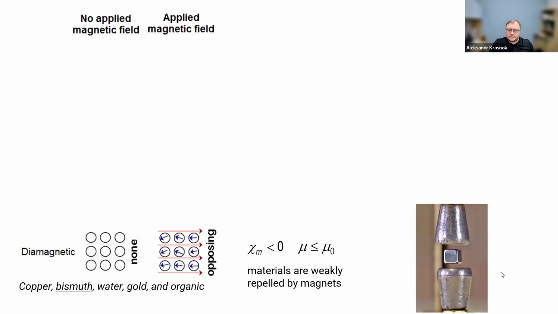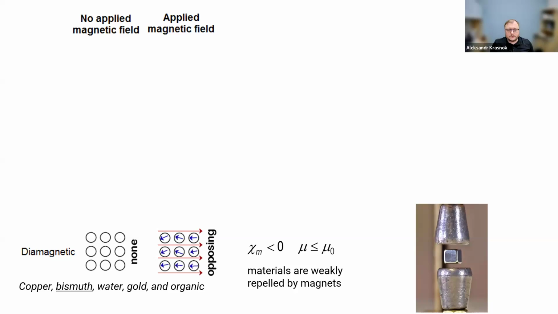some interesting effects. For example, this picture demonstrates an experiment with two magnetic poles, which create quite a strong magnetic field between these poles. And between these poles, you see this cubic body made of bismuth. Okay, so this bismuth material is a natural diamagnet, so it repels the magnetic field.